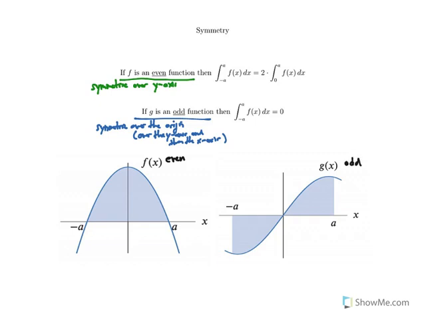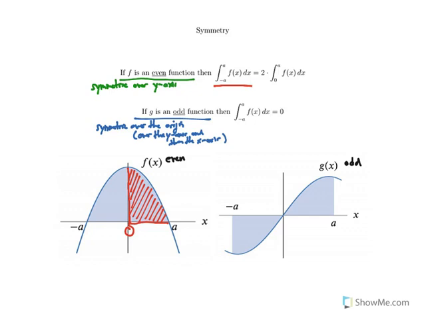So if we have these nice functions, some nice things happen with a specific definite integral. If we look at the integral from negative a to a of f of x dx, that's the area under the curve from negative a to a, then that's going to be the same thing as just doing the integral from 0 to a and multiplying it by 2.